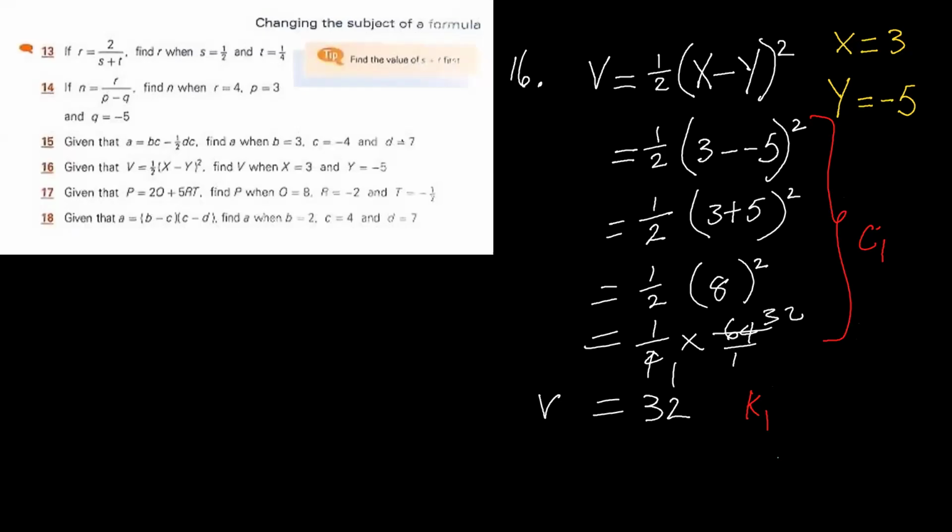All right. 10 seconds more and then we move on.